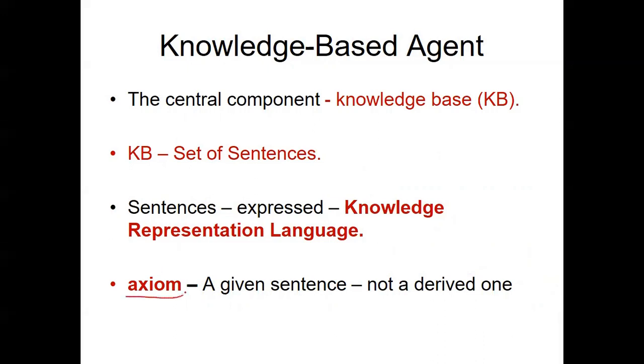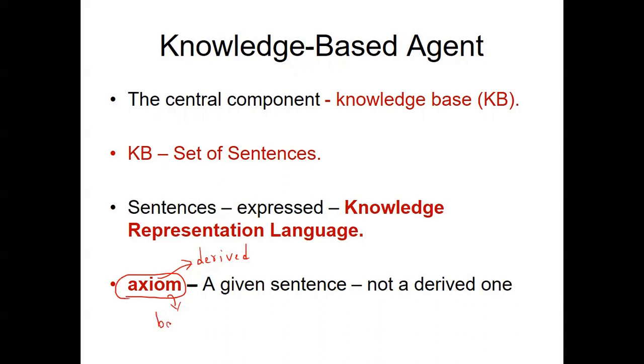Some of these sentences are also called axioms. An axiom is basically a sentence which cannot be derived. It is not derived from any other sentence. These are very basic facts which cannot be proved.